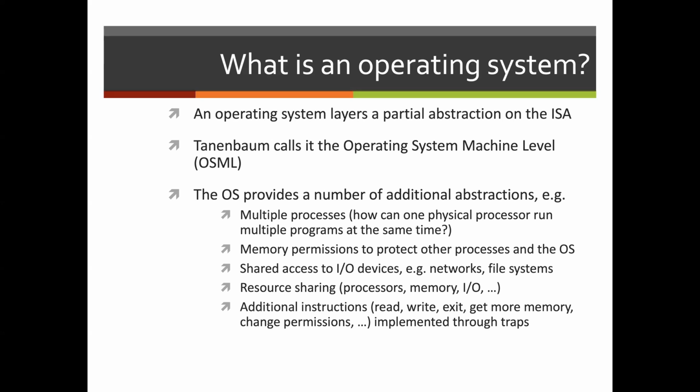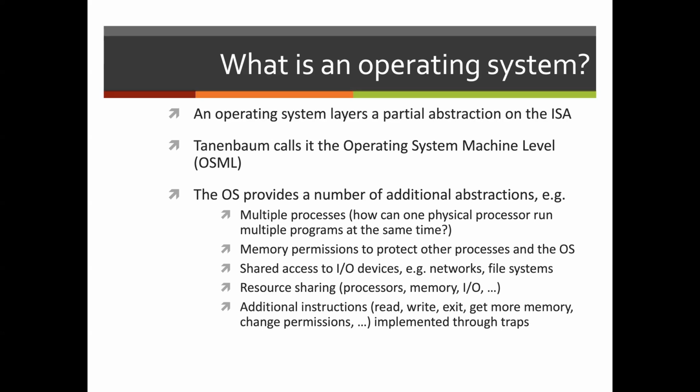A chief responsibility of an operating system is also to provide appropriate access to shared devices such as I/O devices, networks, and file systems that need to be utilized by the system.